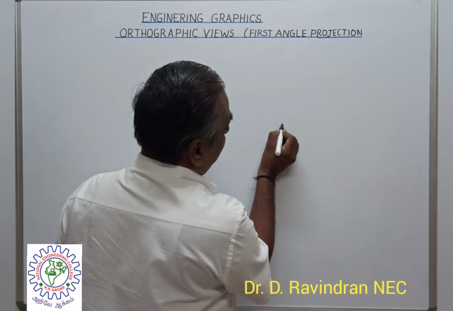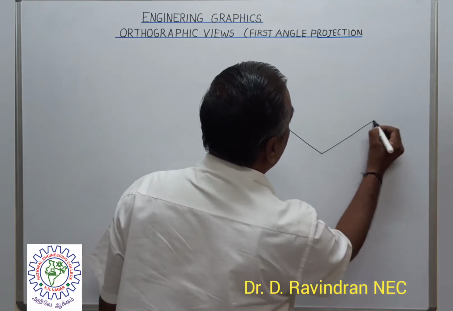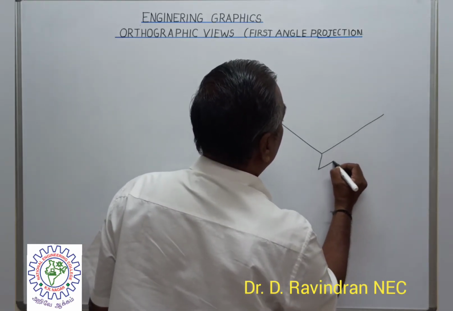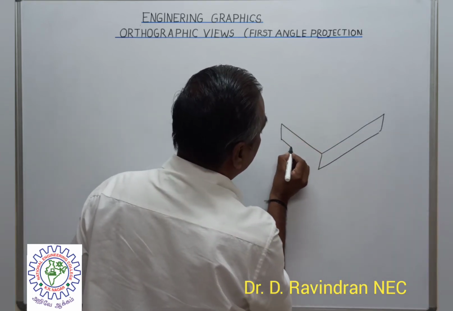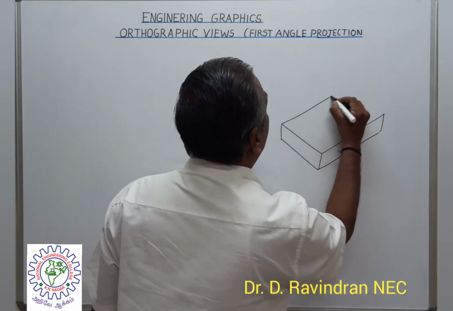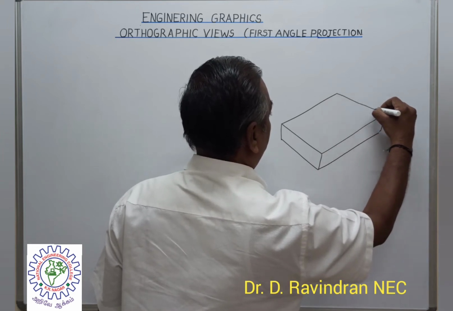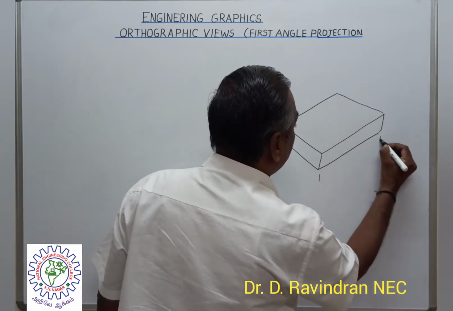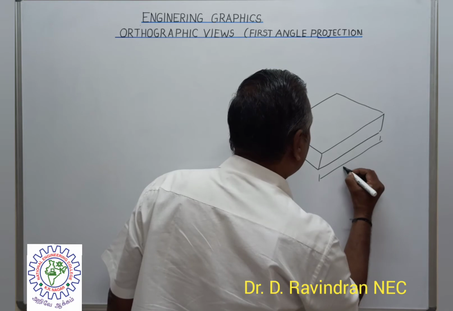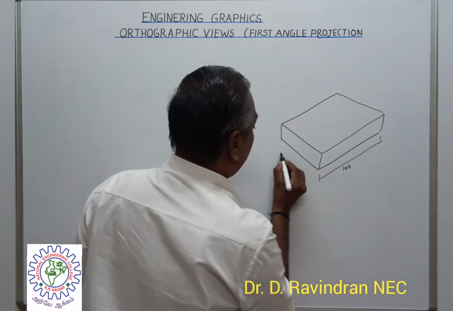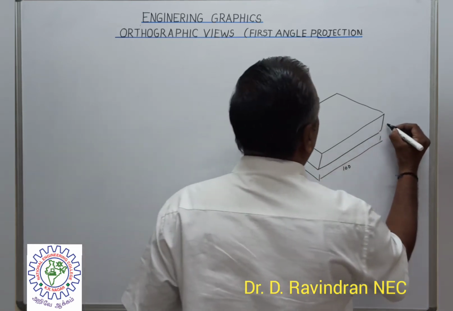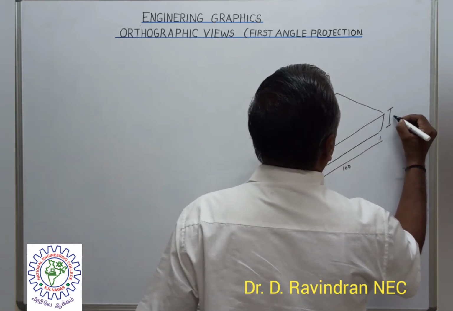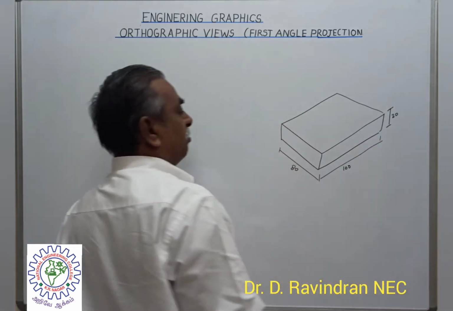Let us consider a small rectangular slab like this of some dimension. Let us say this is 100 mm and this width is 80 mm. Of course the thickness is 20 mm.